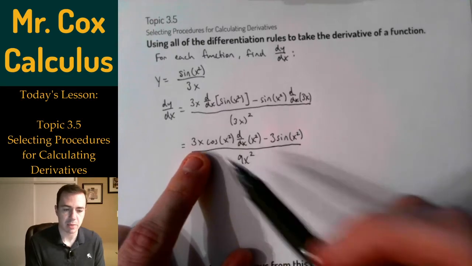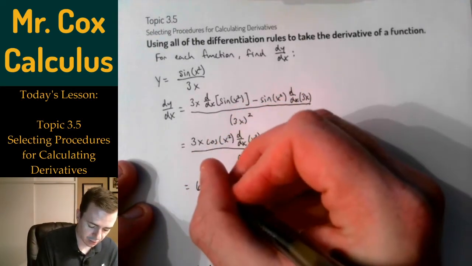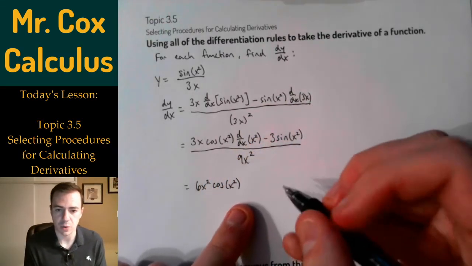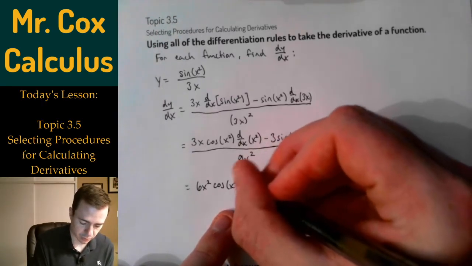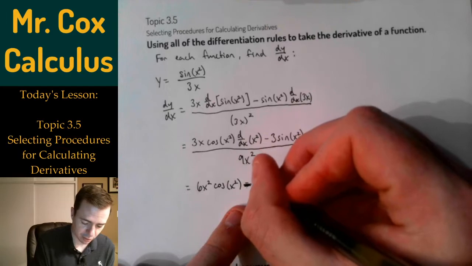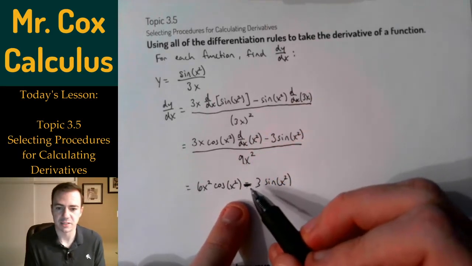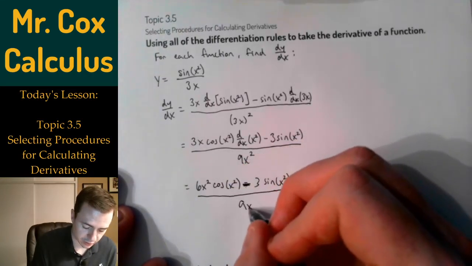If I multiply it by 3x, I get 6x squared cosine of x squared. And it's going to be minus 3 sine of x squared. So that's a minus sign right there, all over 9x squared.